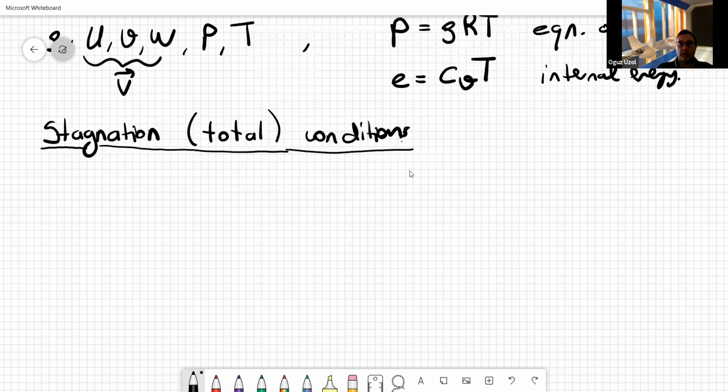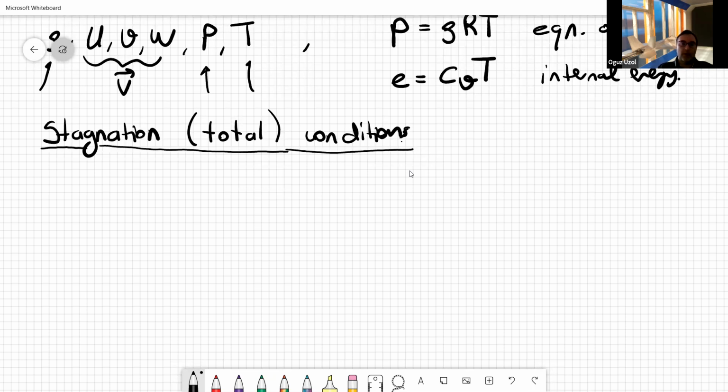For example, we need to define stagnation pressure, which is not this P, it is different than this P. So in reality, we use a subscript 0 or subscript T to designate that difference. We need to define a stagnation temperature. We need to define a stagnation density. So we will discuss this for a while.